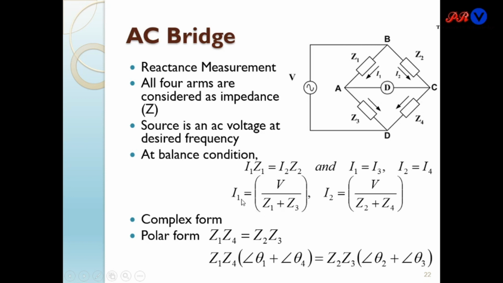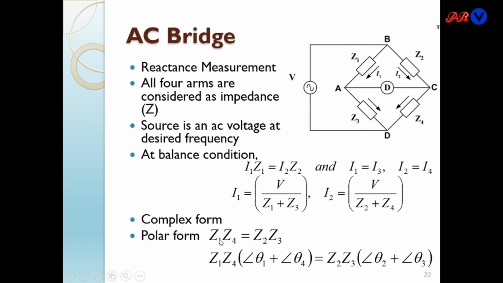So at balance we have I1 equal to V upon Z1 plus Z3 and I2 equal to V upon Z2 plus Z4. Its complex form is shown in the figure.